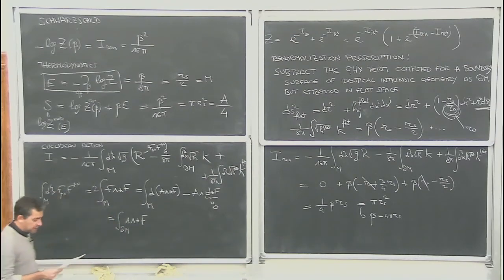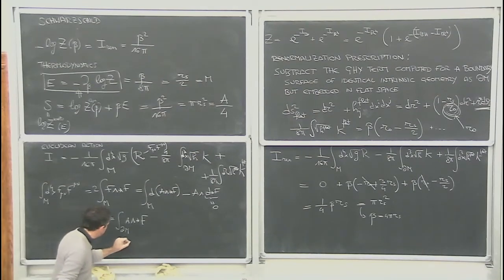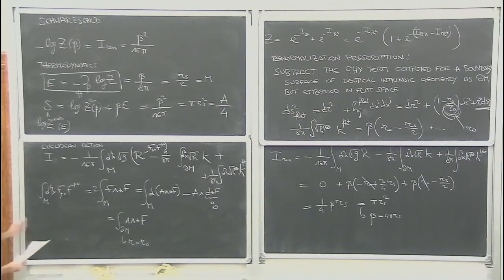This you need to evaluate at the boundary that is at r equal r0. Del M, remember, is the hypersurface r equal r0, and r0 is my cutoff. So you need to do all this.